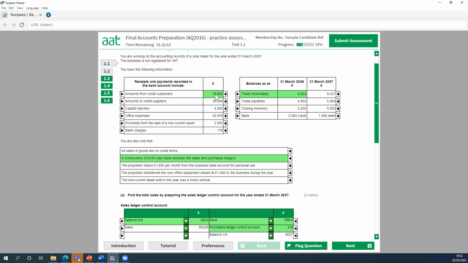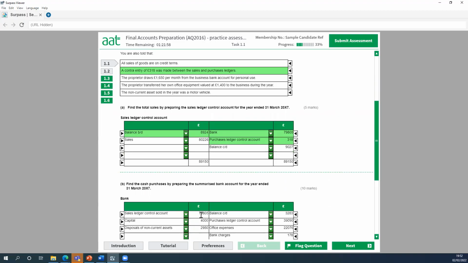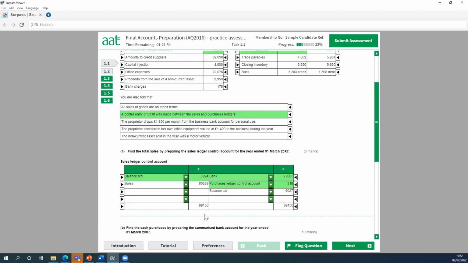So we received 79,805 from our customers. Therefore, I'm going to put that on the debit side of the bank account, because that's what we received.